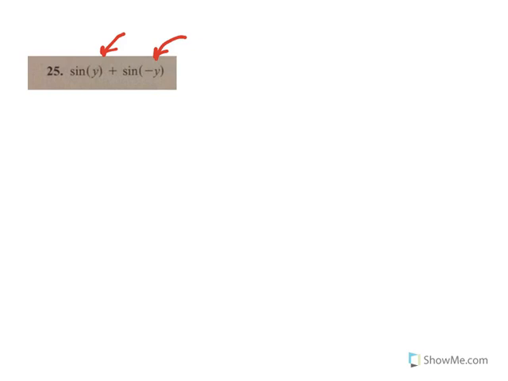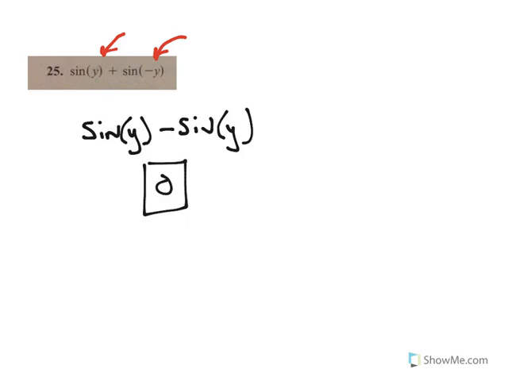So we're going to say we have sine of y, and we'll take the negative out, put it in front. And now we have sine of y minus sine of y, and that's going to be 0. Anything minus itself is 0. So final answer for this one is 0.